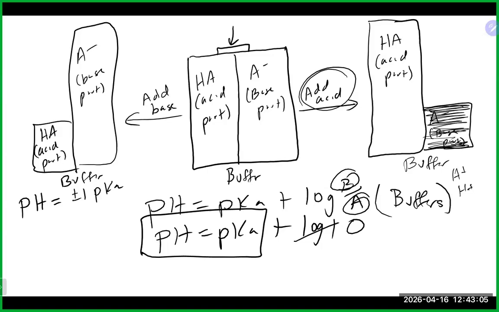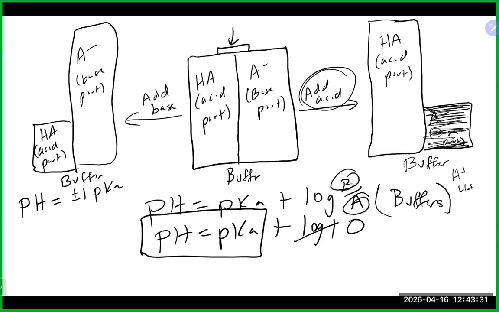So you want to try to find, when you have a list of choices like you will have next week, whichever one has a pKa value closest to your desired pH. Now, I remind you that you can make a buffer that is acidic, basic, or neutral. So that may require you looking up some weak bases and trying to figure out some pKa values that are close to what you're looking for.